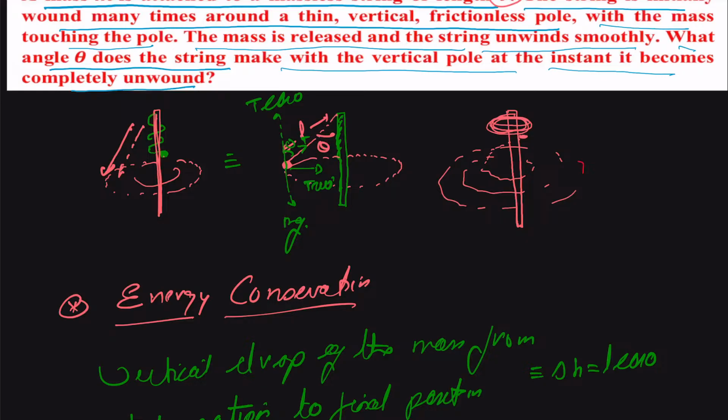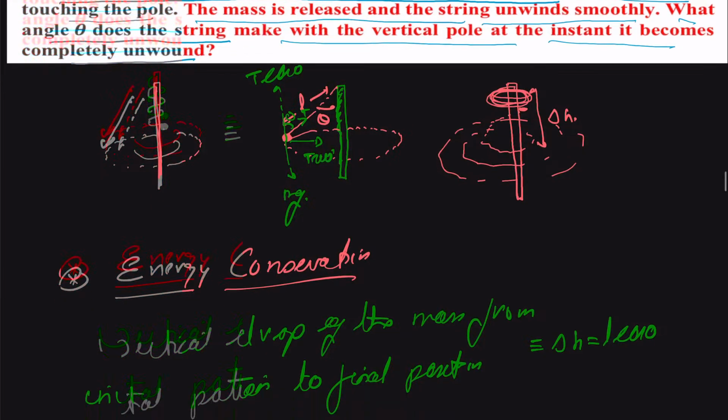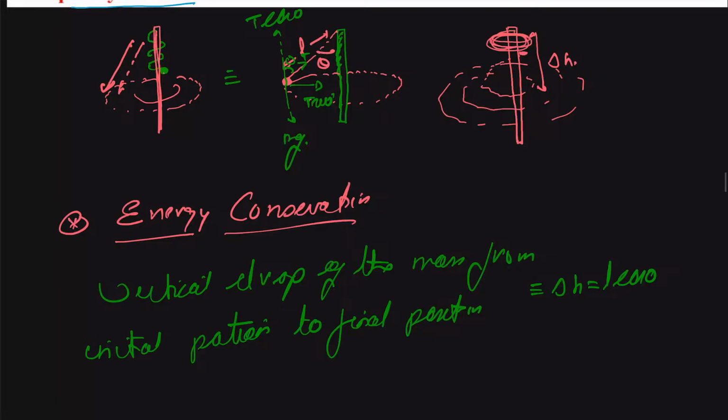It will be forming larger and larger circles. So this is supposed to be our delta H. So this delta H will be equal to L cos theta. Finally, this is our final length, so delta H is equal to L cos theta.